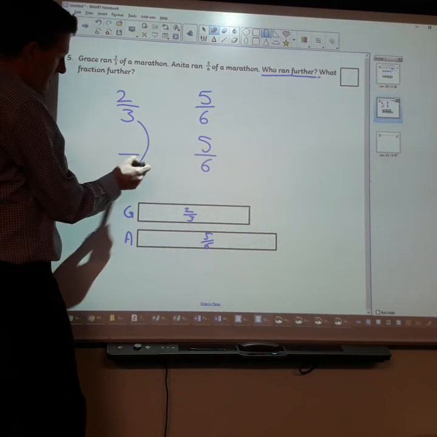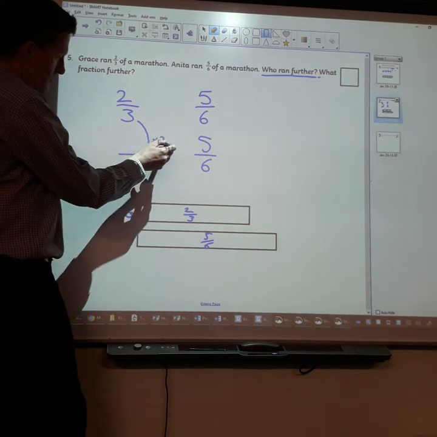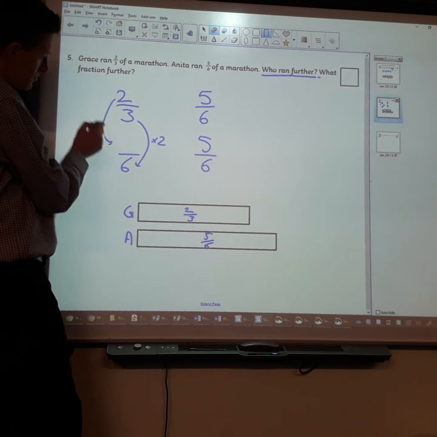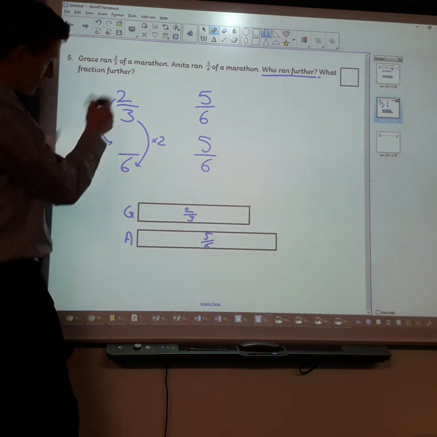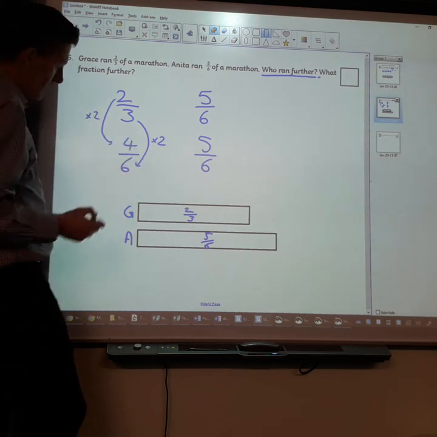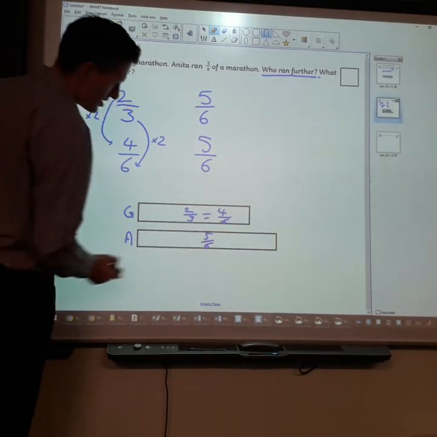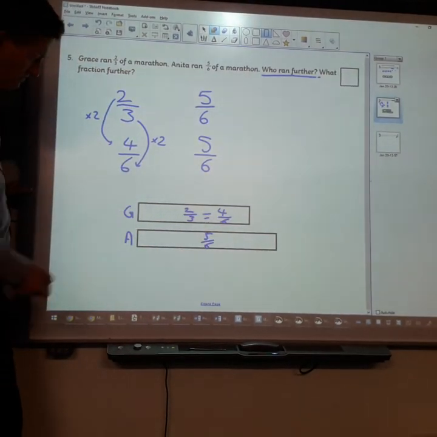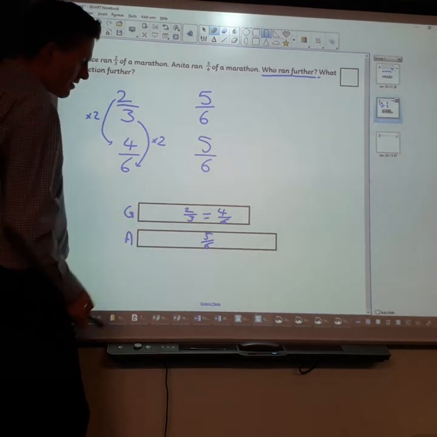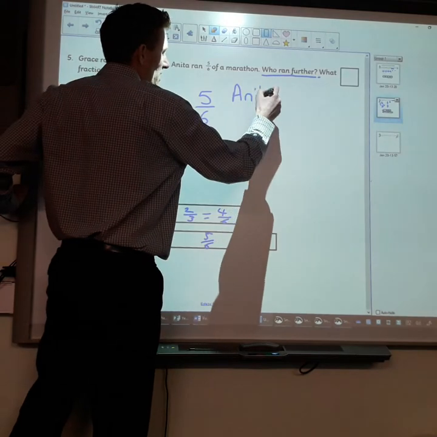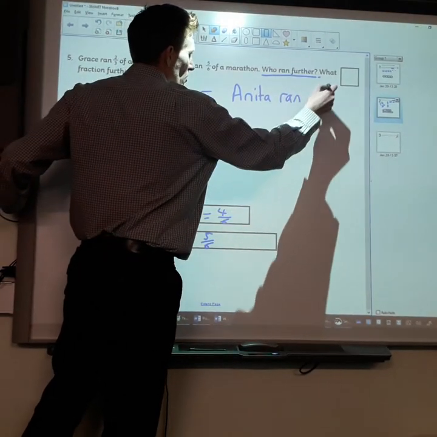This one here, we need to convert it so it looks the same. 3 times 2 is 6, so I do the same to the numerator, and that's what we've been doing all this week. So we know that Grace ran 4/6, which is the same as 2/3, and we know Anita ran 5/6. So on this one, we know Anita ran further.